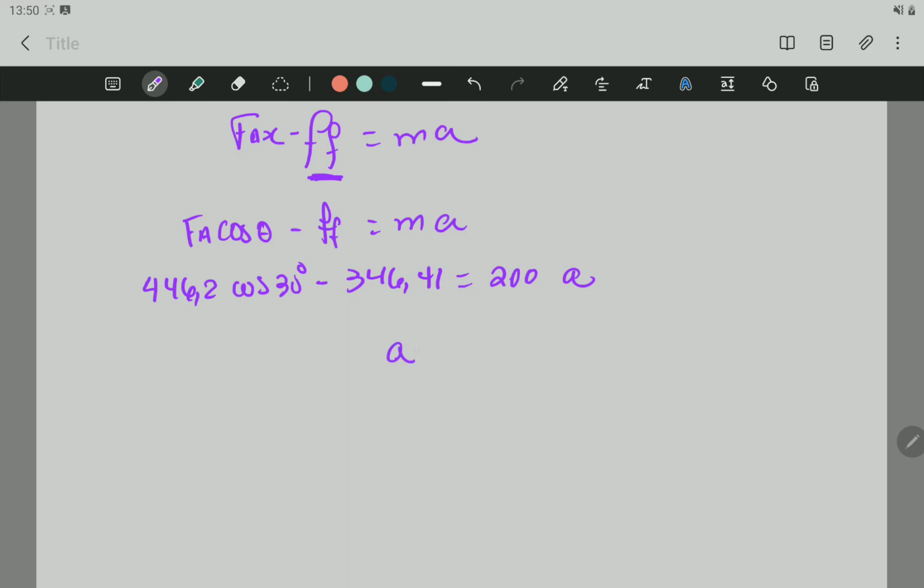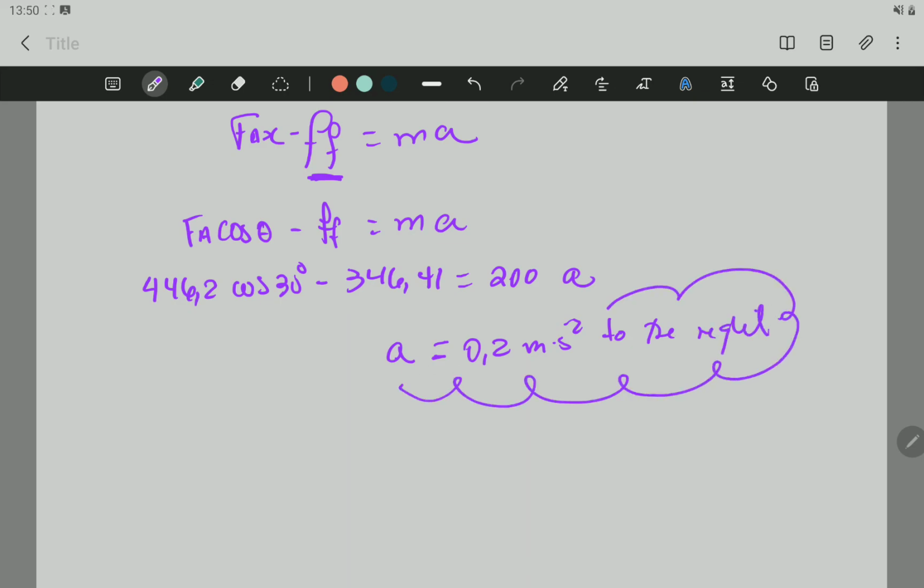So if you rearrange this one and you calculate, the final answer is going to be 0.2 meters per second square to the right. All right, and this is all the question.